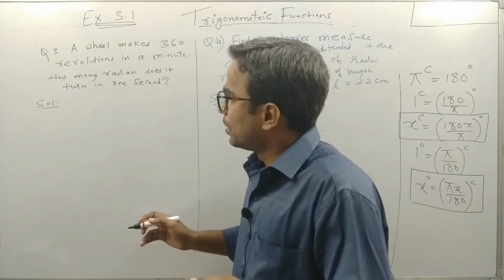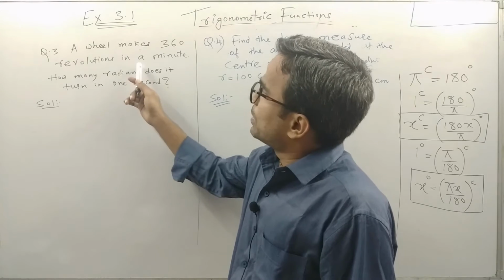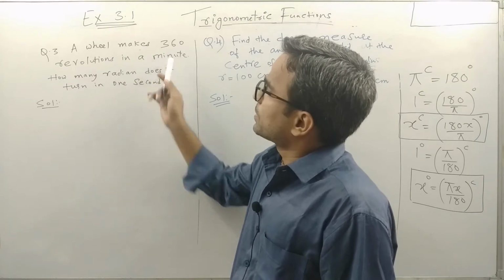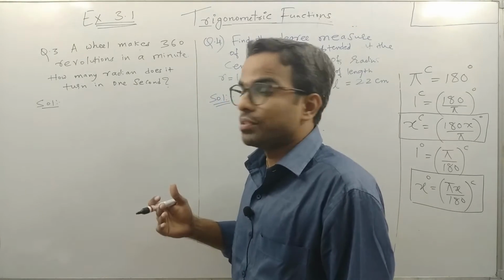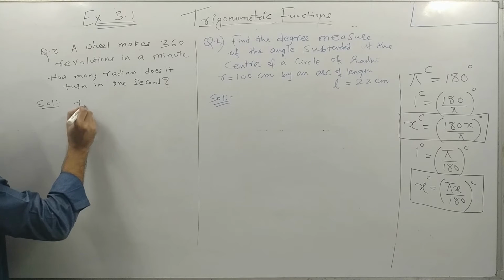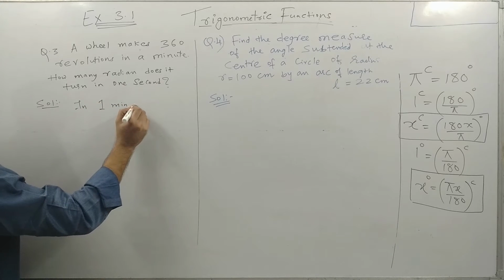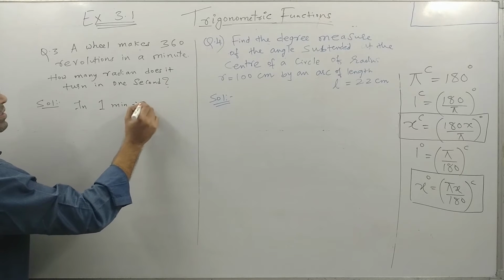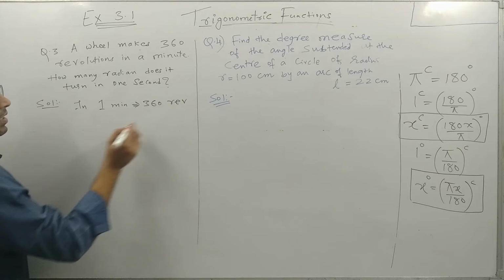So that means what we should do is, first we should calculate how many revolutions it makes in a second. So if in a minute it makes 360 revolutions, so in 1 minute it makes 360 revolutions, right?